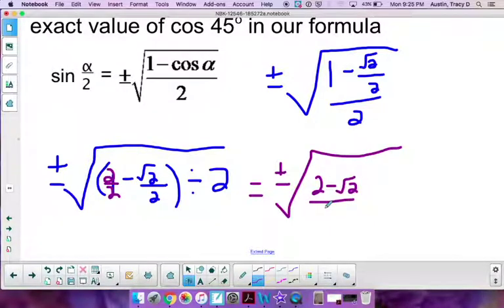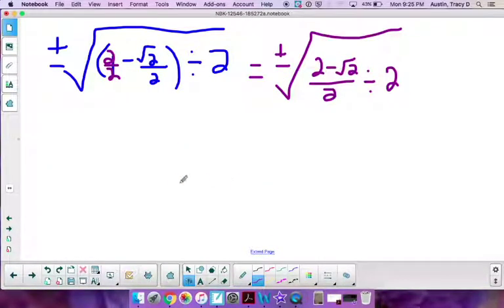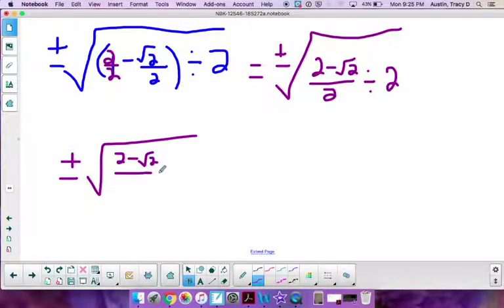So now we have a common denominator. And divided by 2. Okay, we talked about when you're dividing with fractions, we don't divide by fractions, we multiply by the reciprocal. So that's going to be, again, 2 minus root 2 over 2 times a half.